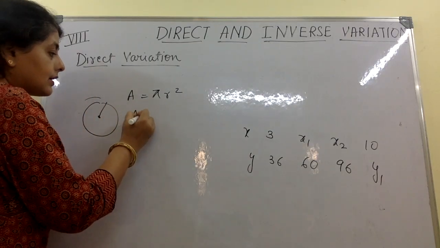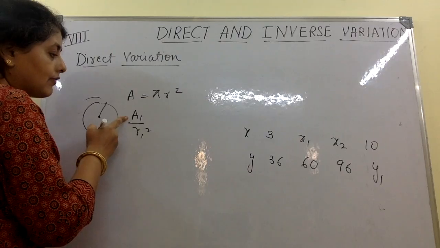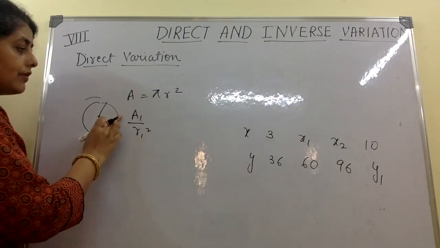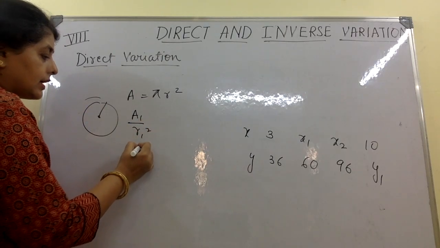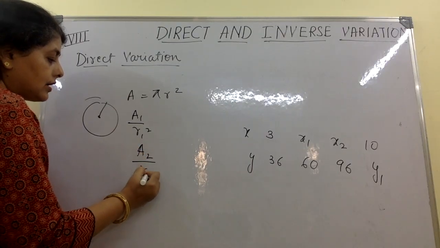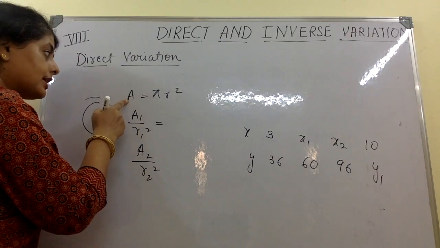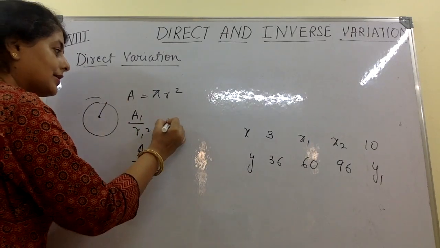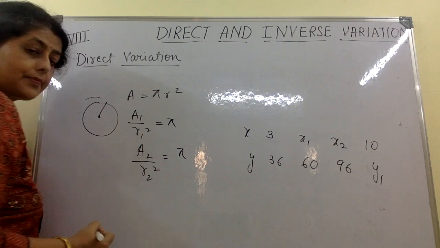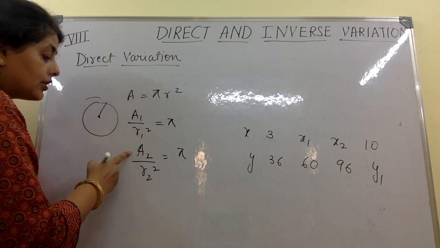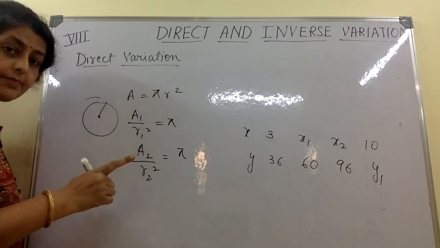So if I take r1 square, a1 will increase. Then if I take radius r2, a2 will also be bigger in value. But what I will see is, if a1 is divided by r1 square, I'll get pi. Here also I'll get pi. So a2 by r2 square is pi.